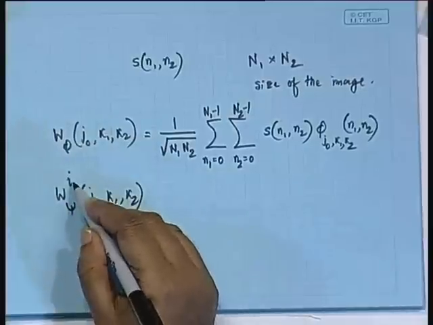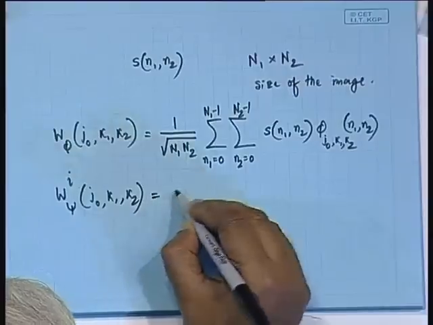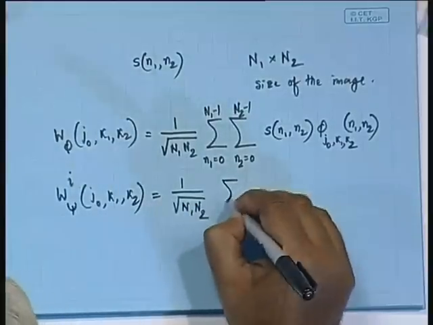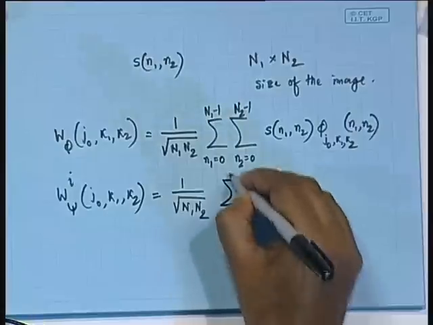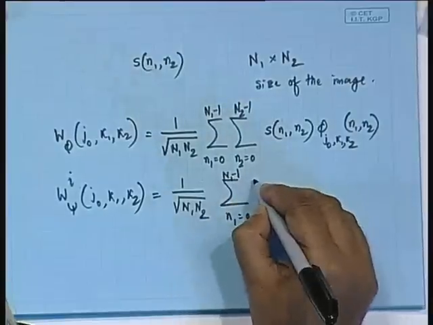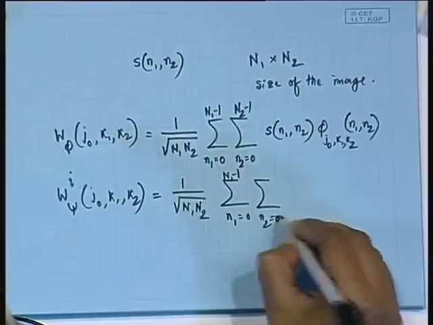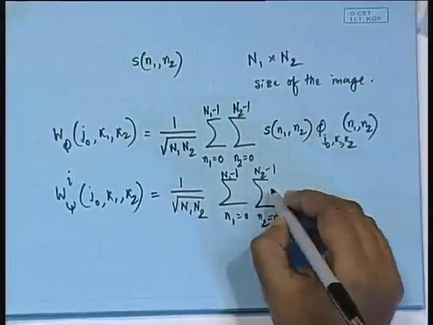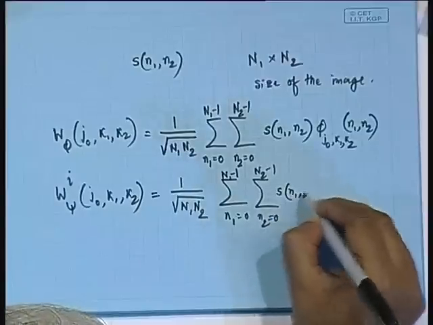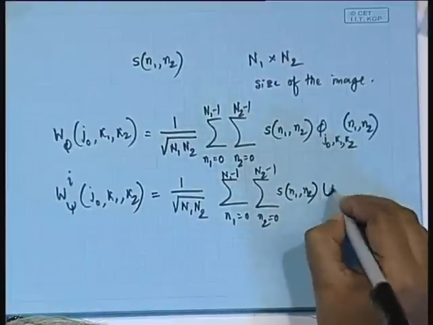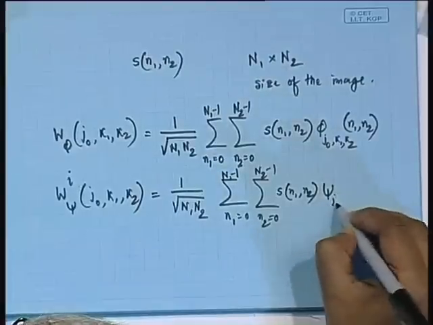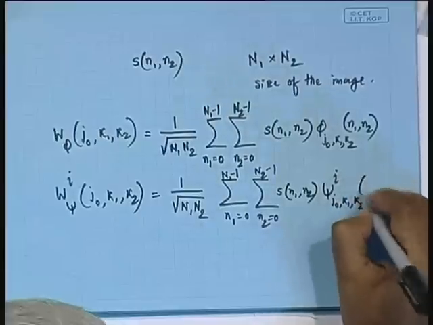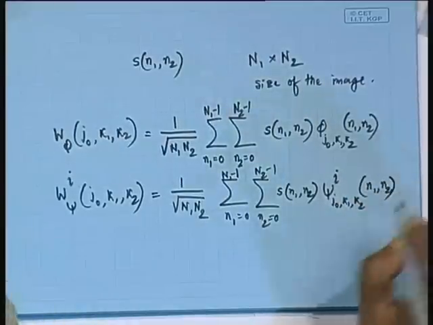So, W psi with a superscript I we are writing as 1 upon root over N1 N2, and the summation process will be N1 is equal to 0 to N1 minus 1, N2 is equal to 0 to N2 minus 1, and this will be S N1 N2, and this will be psi J0 K1 K2, psi with a superscript I, and parameters N1 N2.